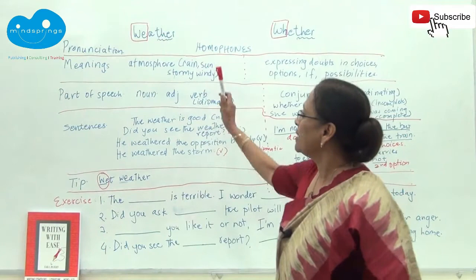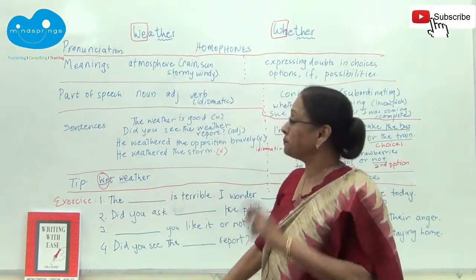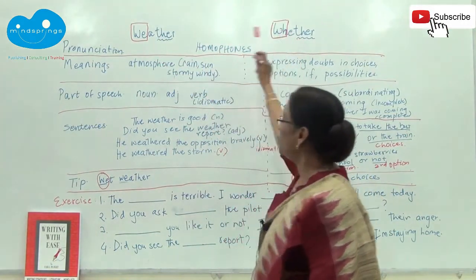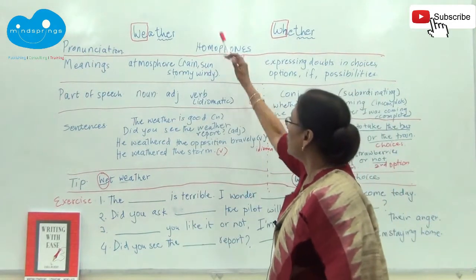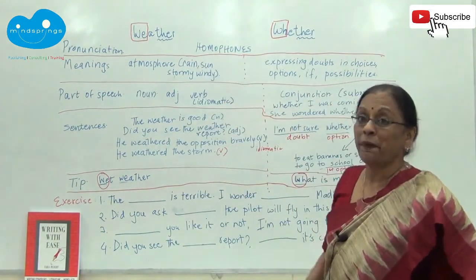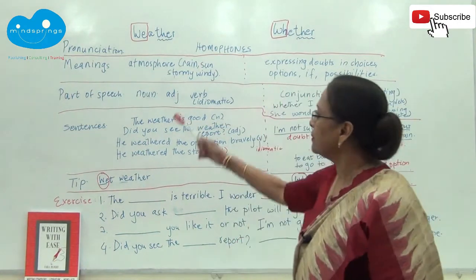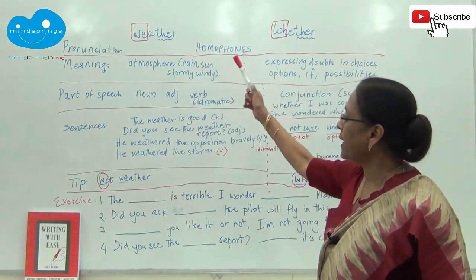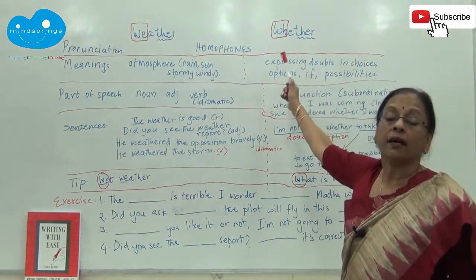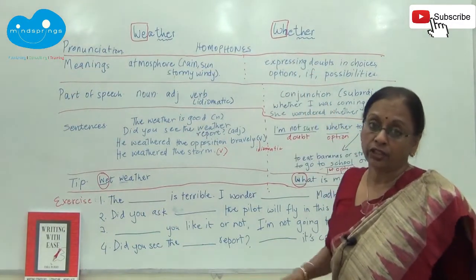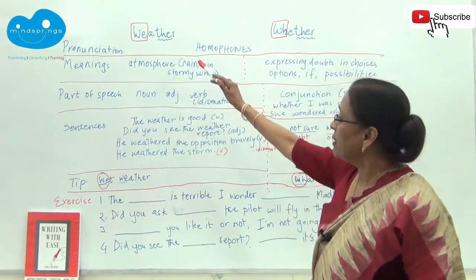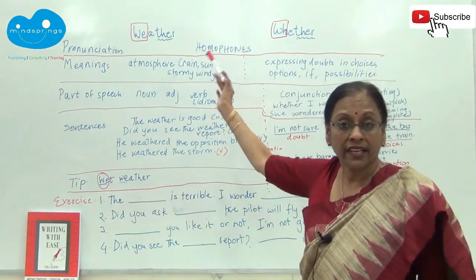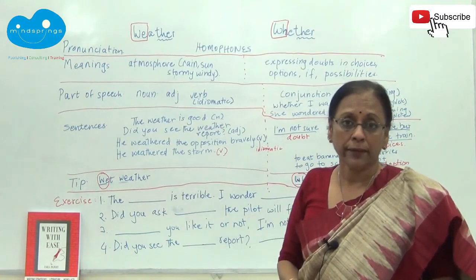Okay? So let's do weather first. Now the pronunciation of both words is the same, so they are homophones. Look at the spelling. The spellings are different. You've got W-E-A-T-H-E-R and W-H-E-T-H-E-R. So what's common? T-H-E-R is common. W, the initial letter, is also the same.